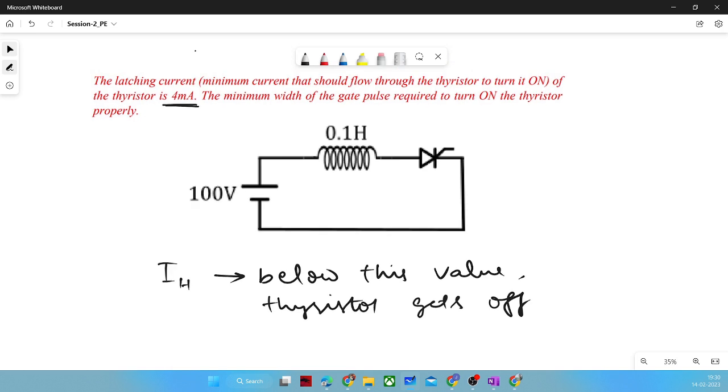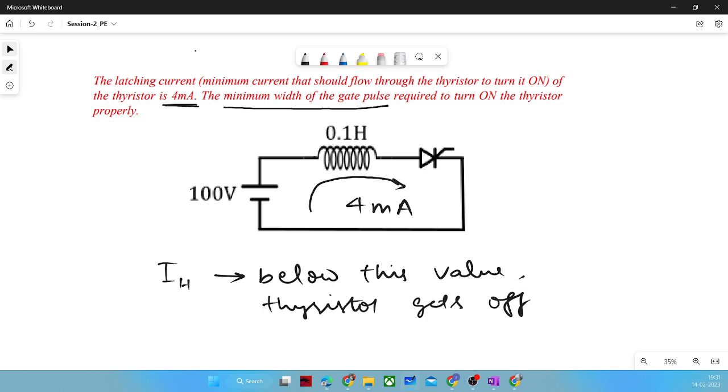So in this problem, we need to compute the minimum width of gate pulse to turn on the thyristor. From these conditions, we are sure that a minimum current must flow in the circuit. How much? 4 milliampere. That is the latching current.